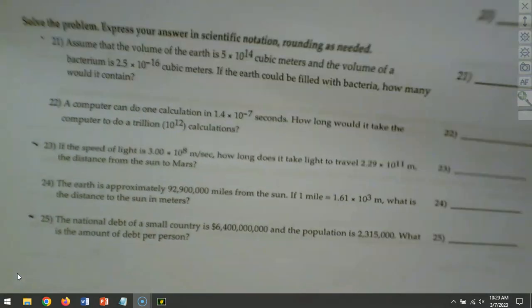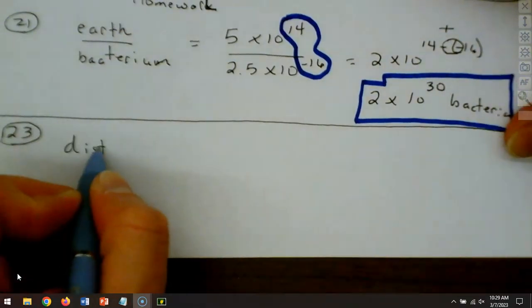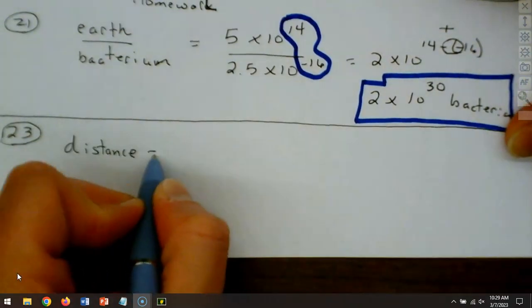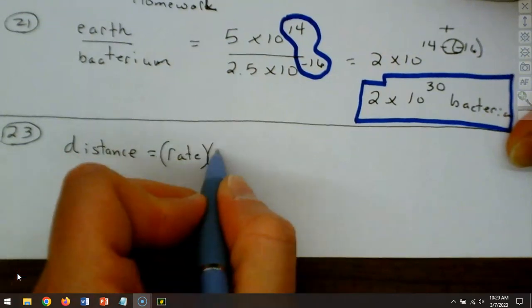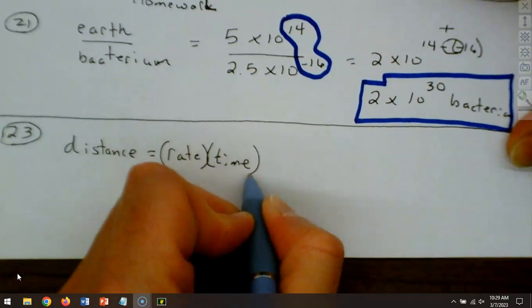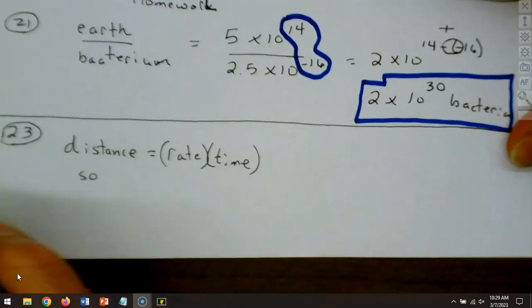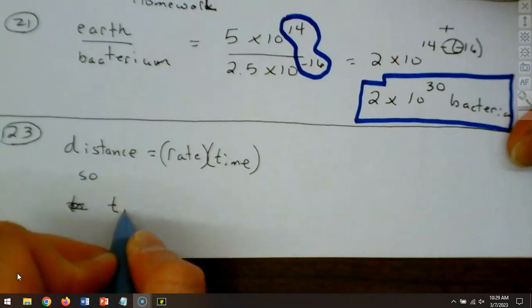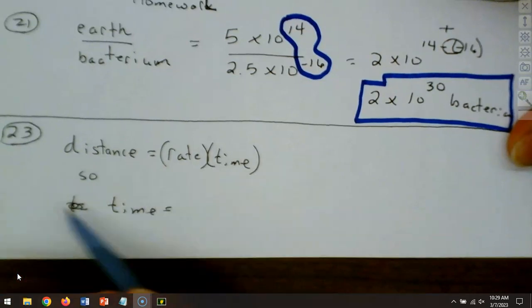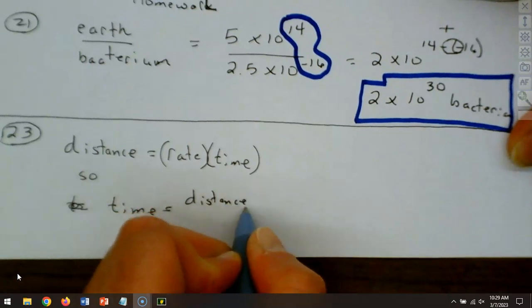How do we find time? Well, we know that distance is going to equal the rate of speed times the time, right? So what does that tell me about time? So that tells me that time, when I move things around, is going to be when I divide the distance over the rate.